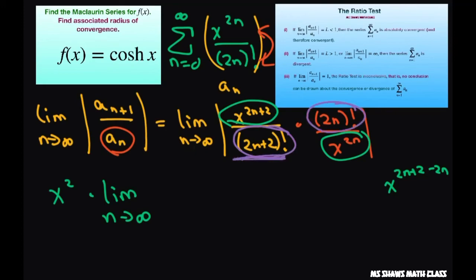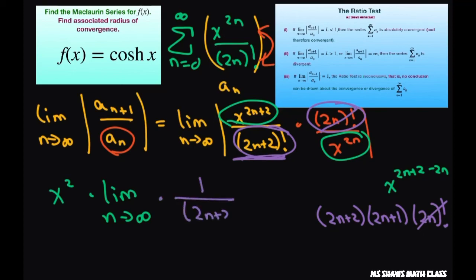So simplifying or expanding this, this is really 2n plus 2 times 2n plus 1. You can keep going, but let's stop at 2n factorial so we can cancel those out. So basically what we have is 1 divided by 2n plus 2 times 2n plus 1.